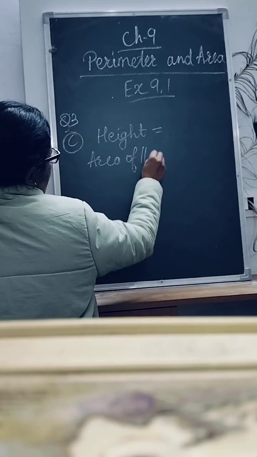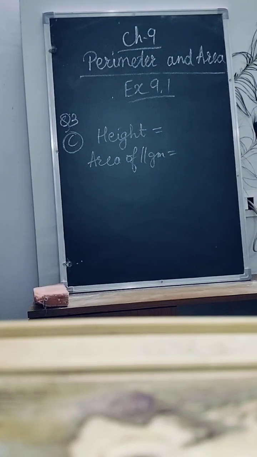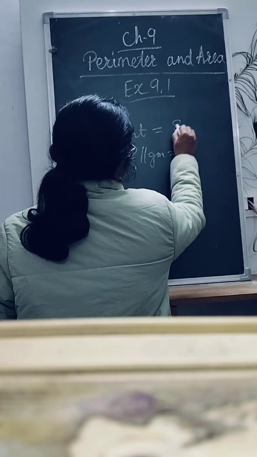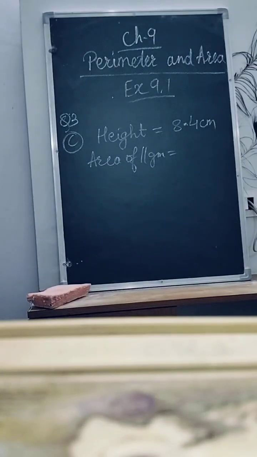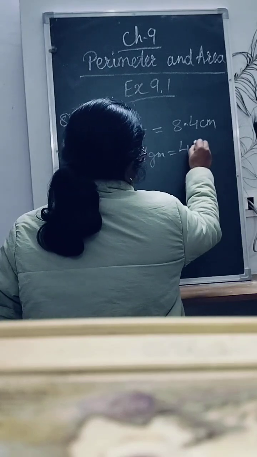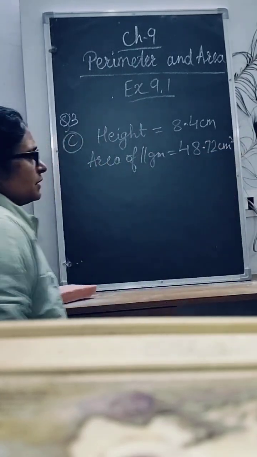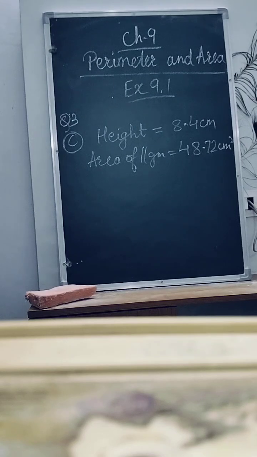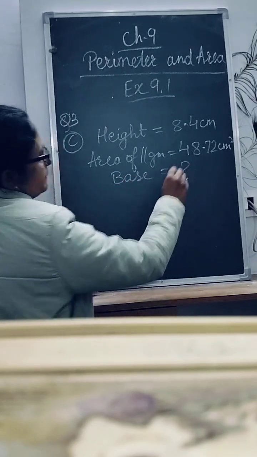Okay, so let us write, height is 8.4 centimeter. Area is given to us as 48.72 centimeter square. And they have told us to find the base.